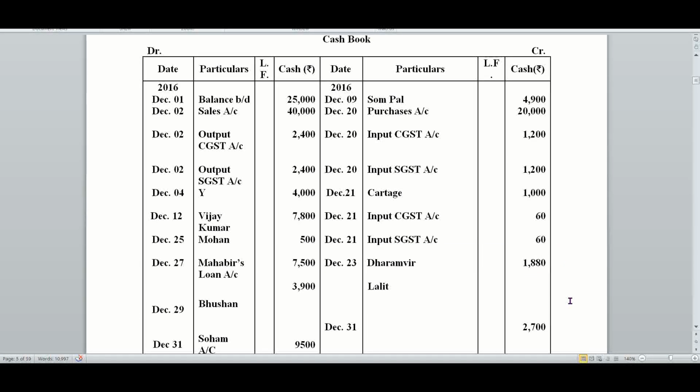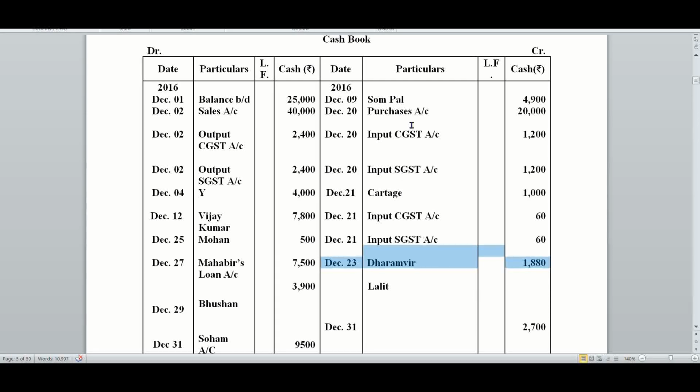Friends, the discount received will not come. Cash is credited by rupees 1880. So in the cash book on the credit side we are writing on this particular date 1880, right? Then we come to receipt from Mohan, rupees 500.